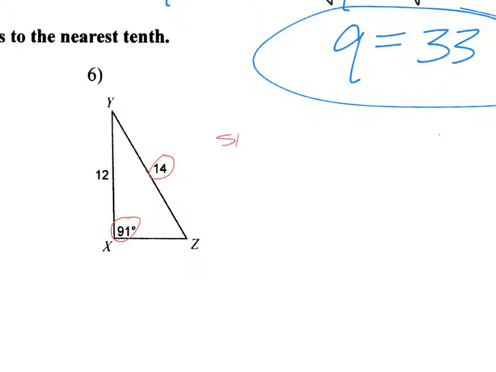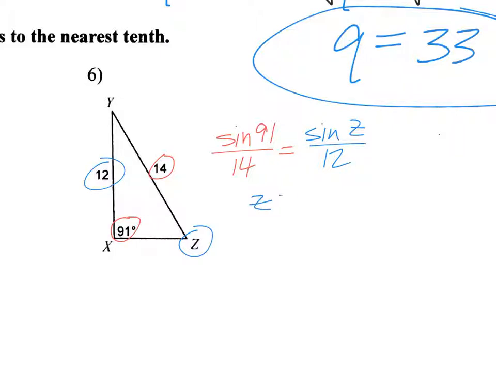So I'm going to do sine of 91 over its side, 14, equals sine of z over 12. Okay, so set that up. If you do that, you're going to get z is basically 59 degrees.